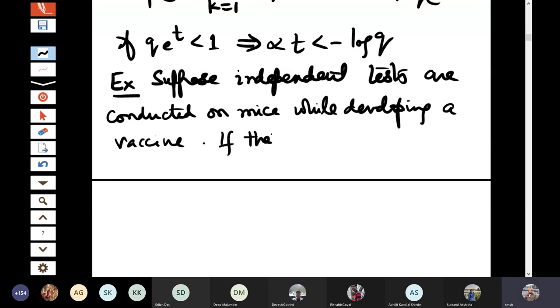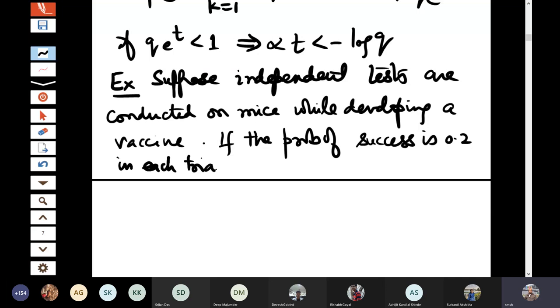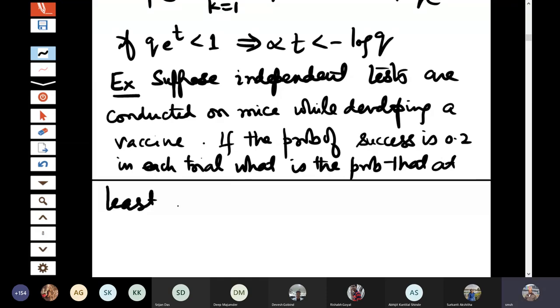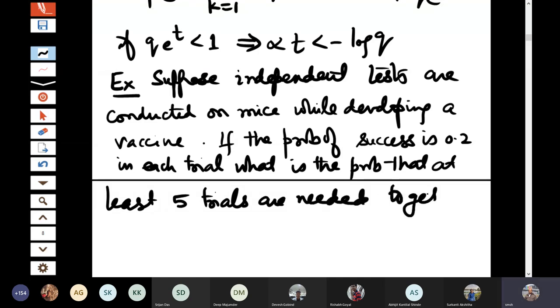If the probability of success is 0.2 in each trial, what is the probability that at least 5 trials are needed to get the first success?